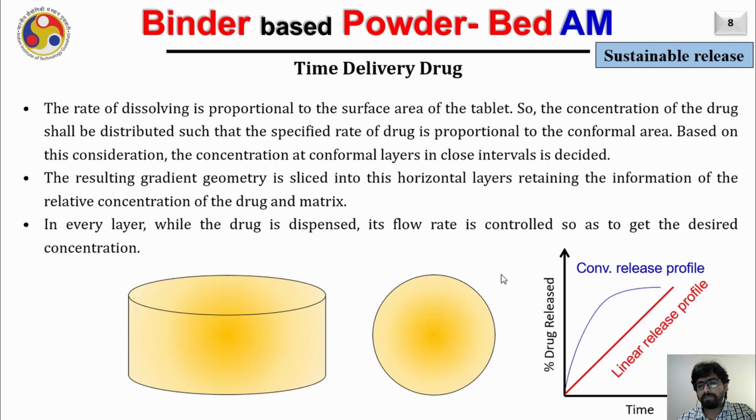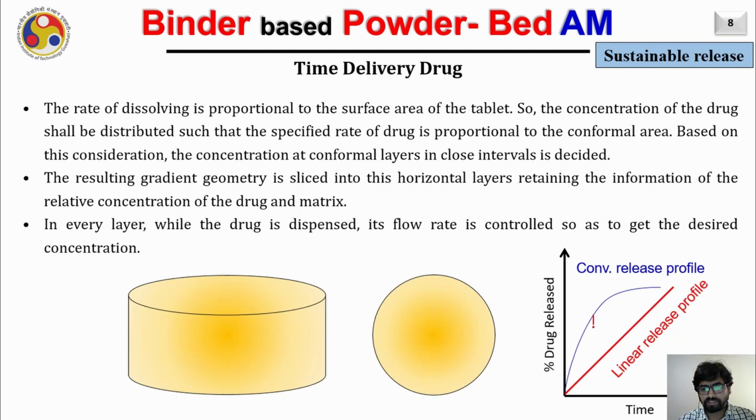Assume that you have a tablet which is loaded with the drug uniformly everywhere. As the tablet or the pill starts dissolving, its surface area will reduce. And as its surface area reduces, you can see the amount of drug release at any time delta t will keep on reducing.